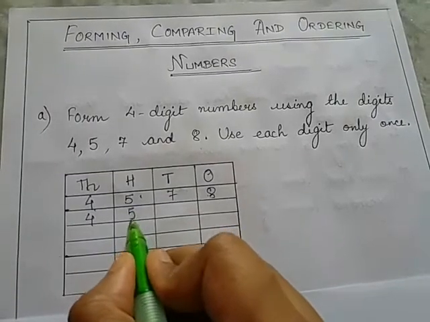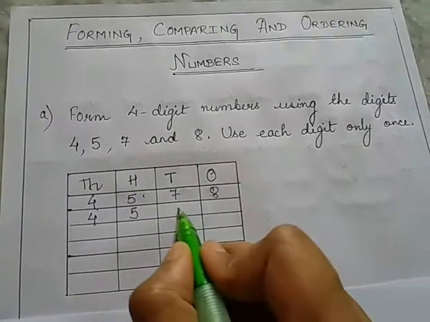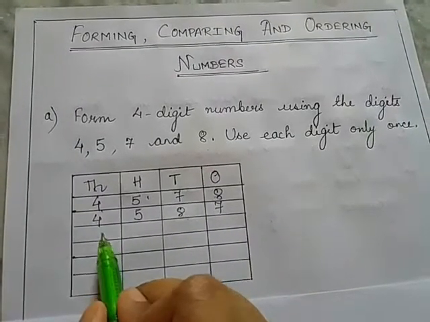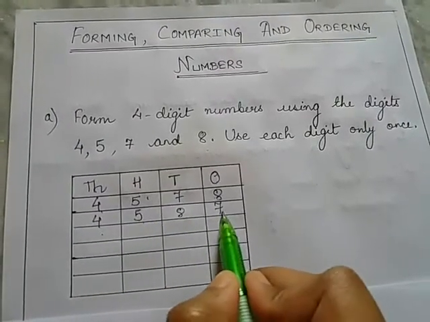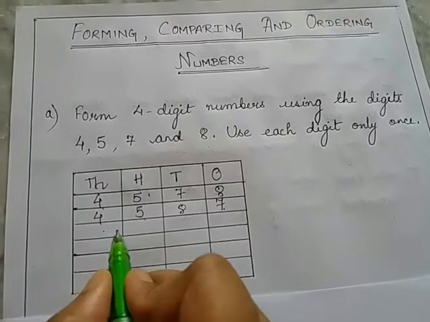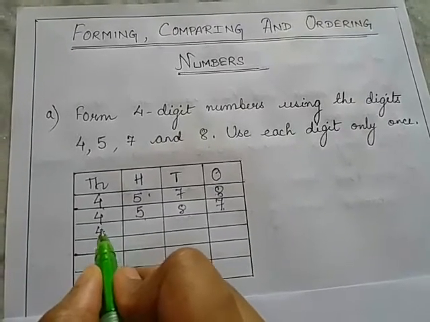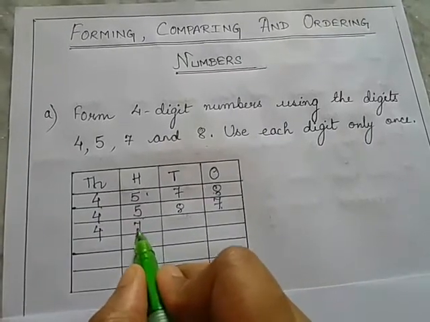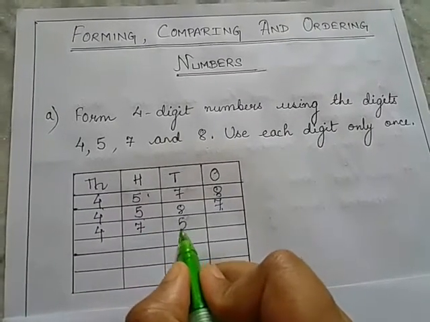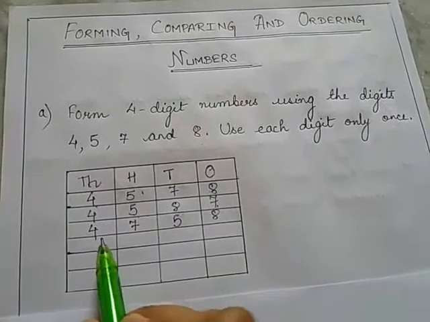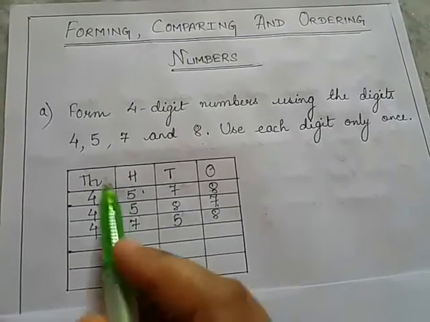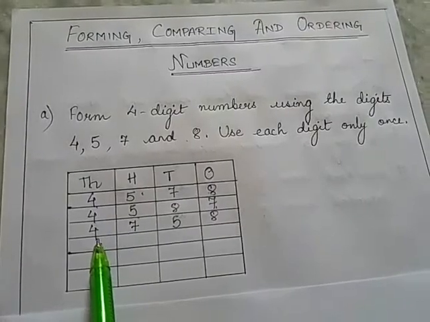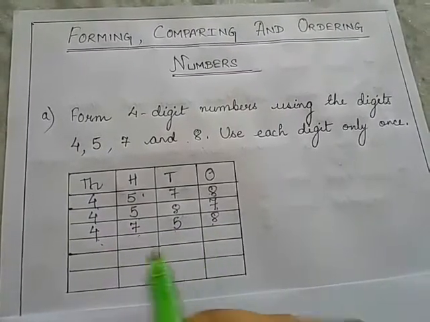Now again we can keep the 4 here. We can keep 5 under the 100 place and we can interchange these. So this is 4587. Now we can again keep 4 in the 1000 place and we can shift 7 over here and 5 and 8. So this is again a 4-digit number with these digits. This is 4758.